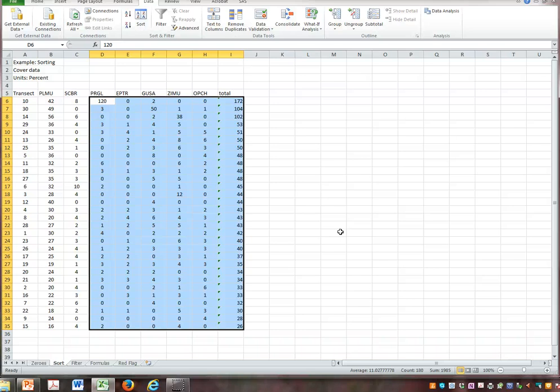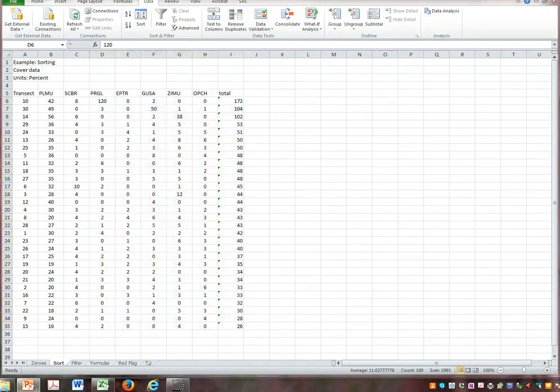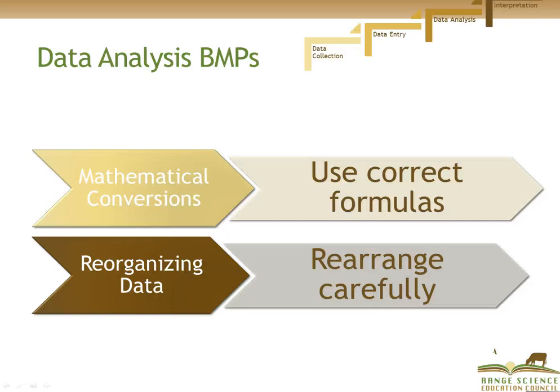Instead, make a copy of that data sheet, and then if you make a mistake while manipulating, you haven't made all of the data worthless, and you don't have to go back and repeat all of that effort that you did before. So it's important to manage our data and rearrange carefully when we are manipulating data in the spreadsheet.